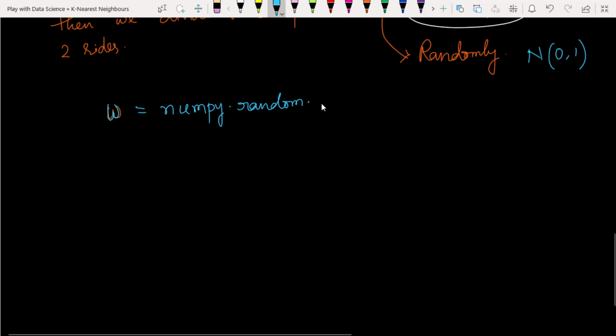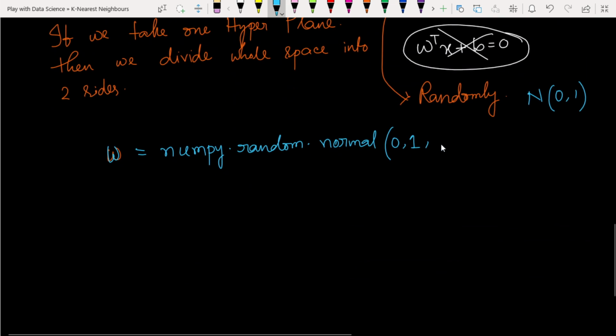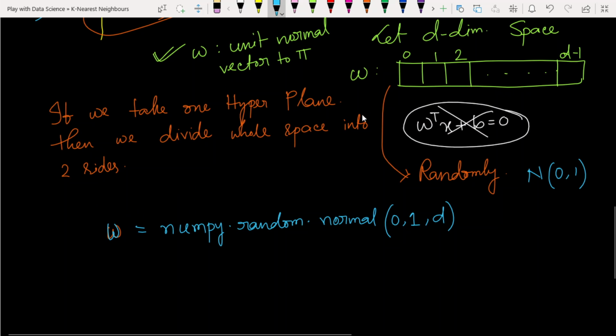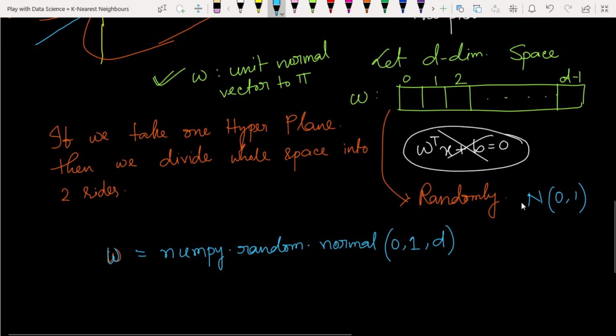Randomly we generate from the normal distribution, given its mean, its standard deviation, and how many dimensions we need. Here, let's take d dimensions. We just have to code this, and then it will automatically generate the w vector randomly from this distribution.